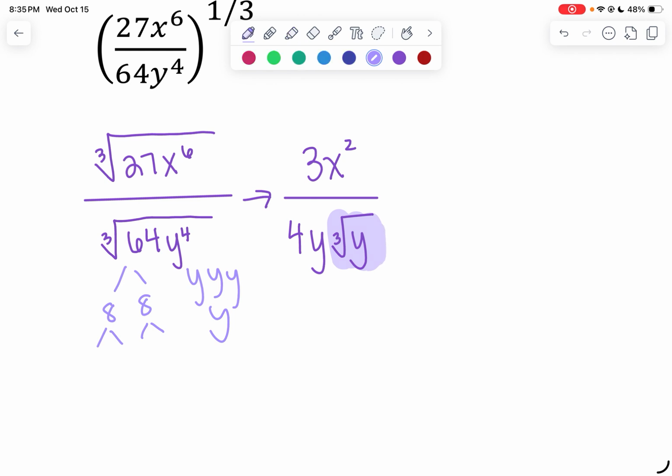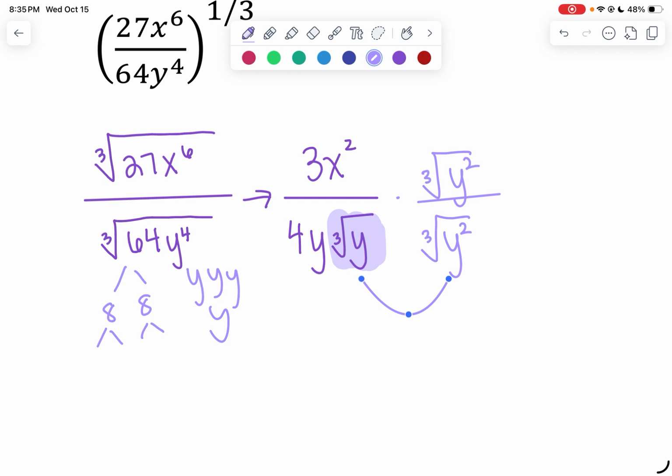So remember that it's a cubic root. So I want 3 of a kind, okay? So I have 1 right now, so I'm going to multiply by the cubic root of y squared in the denominator and in the numerator because I want 3 of a kind. Now, the cubic root of y times the cubic root of y squared, that would be the cubic root of y cubed.